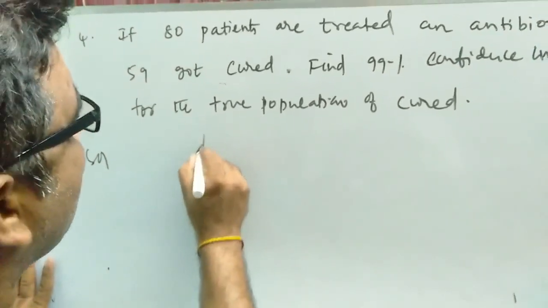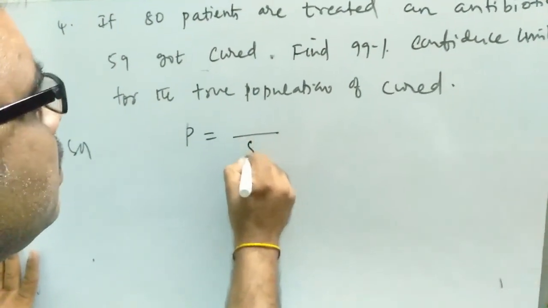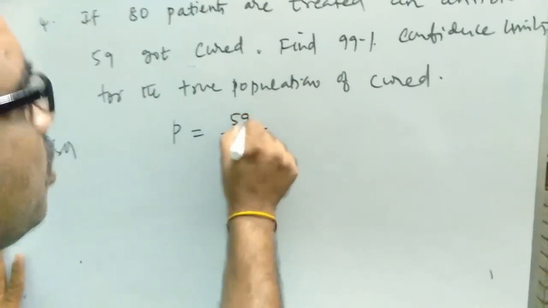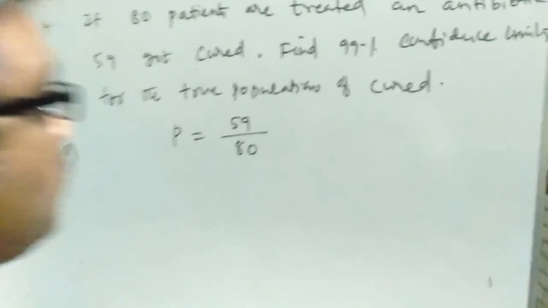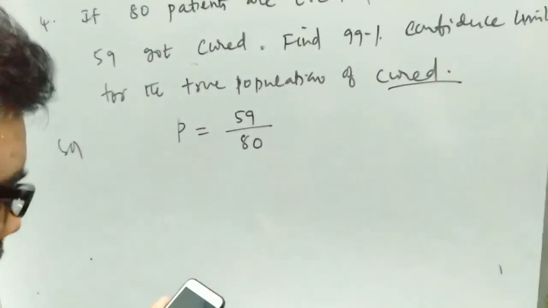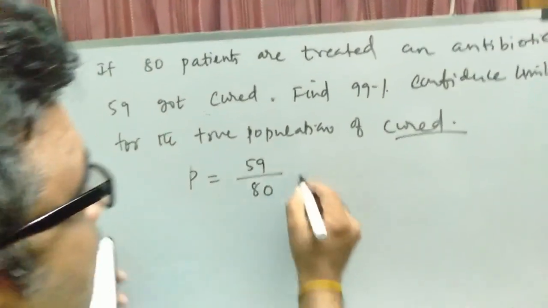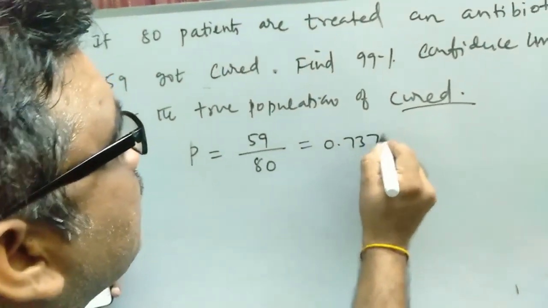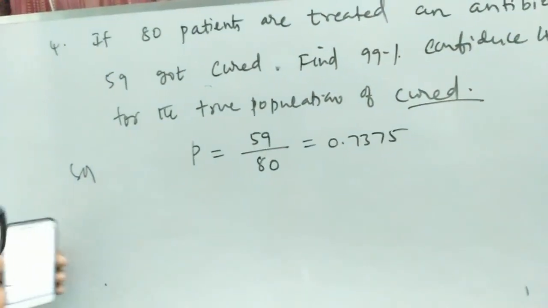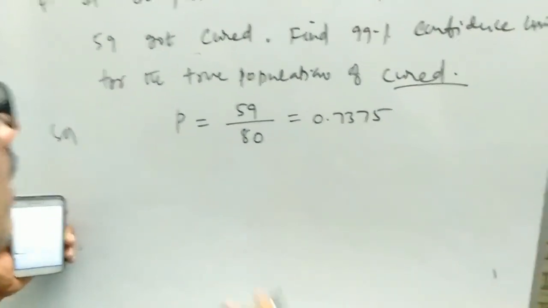Here small p is given: 80 patients are treated and 59 got cured. Find the success probability of cured. So the cured probability for the sample is 59 by 80, that is 0.7375. This is the sample proportion or sample probability or sample percentage.